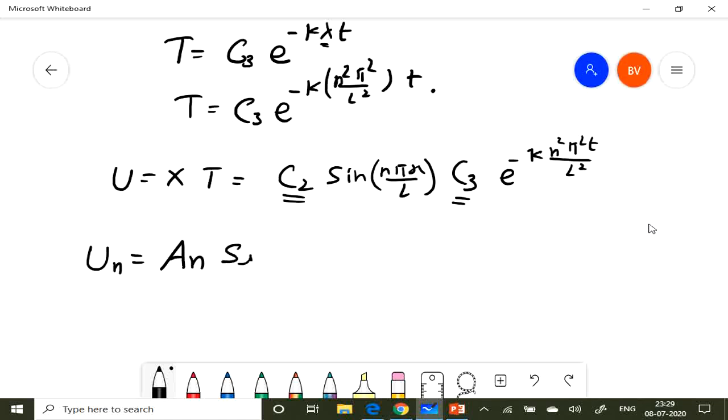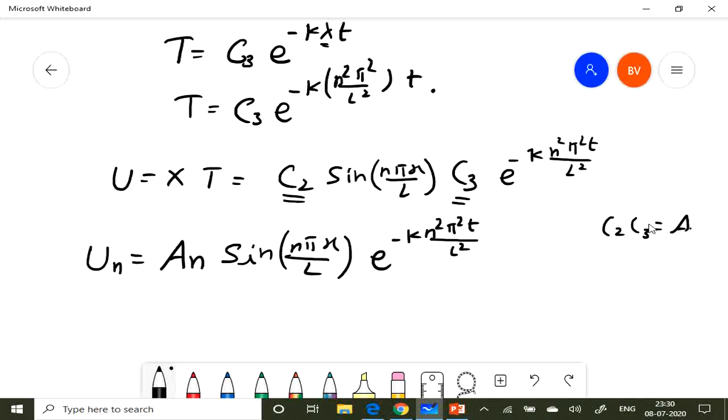Then it will be sin n pi x over L. This is the first term. Second term is e raised to minus k n square pi square t over L square. Remember, our C2 and C3 have been considered a_n, and now we have written this as the general function u_n.